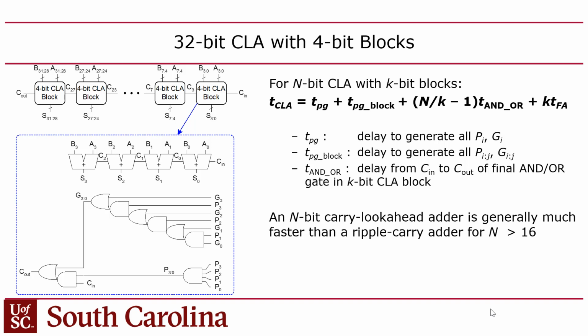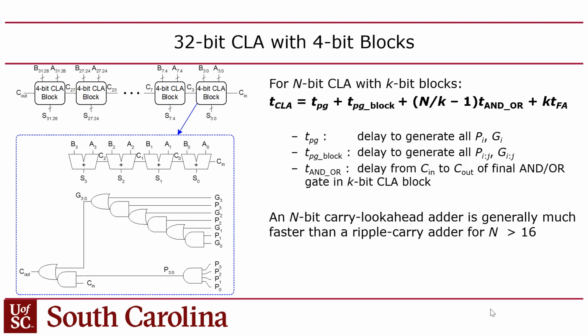And then you generate the propagate and generates from each block, right? So you have the time here for the carry look ahead. The critical path delay is the propagate and generate for the individual bits.